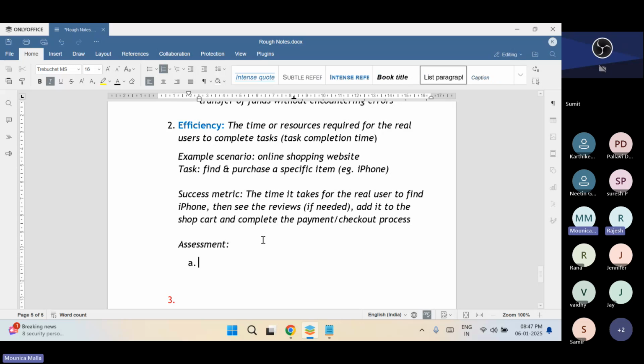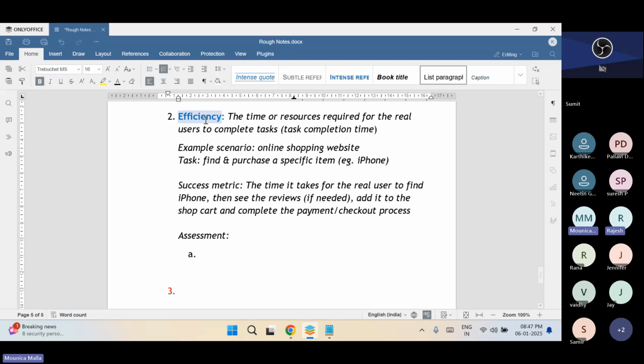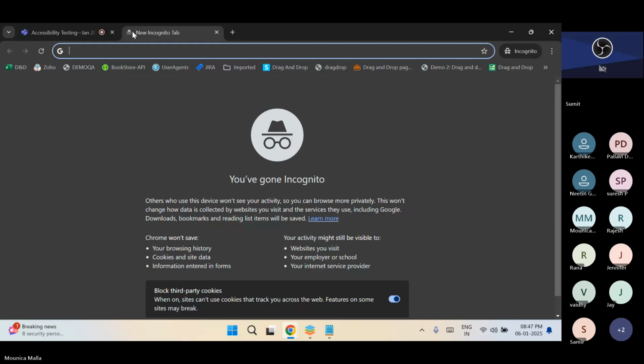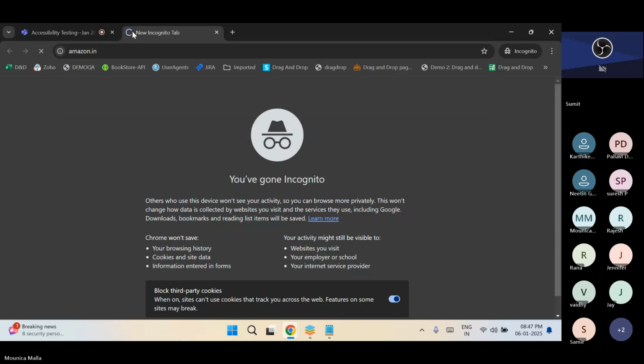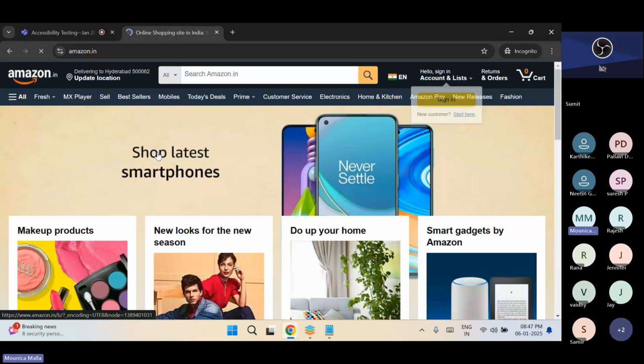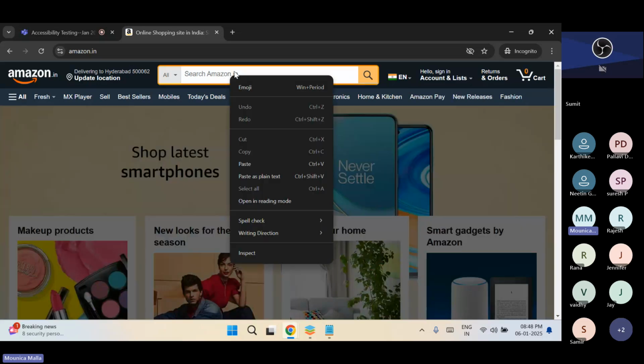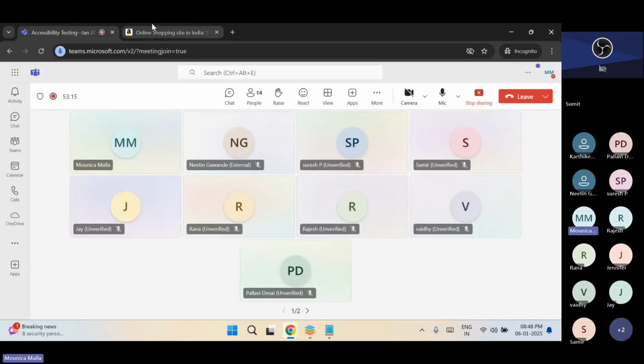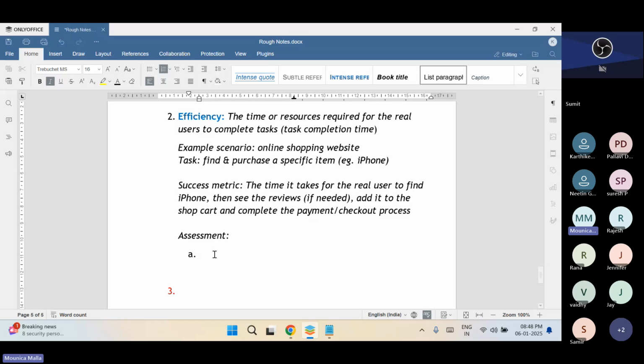Since I'm talking about efficiency, which is how much time you need, to find something, what do I need? I need a search bar, right? If I take you to amazon.in now, this is the production application. You see here, I have a text box, right? This text box is important, and it should be easily locatable for all the users. That is more important.